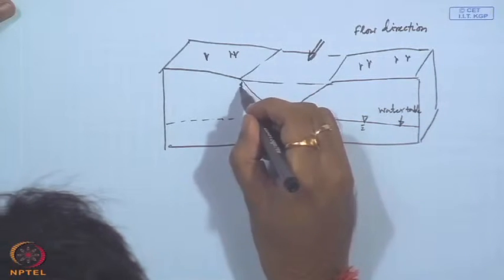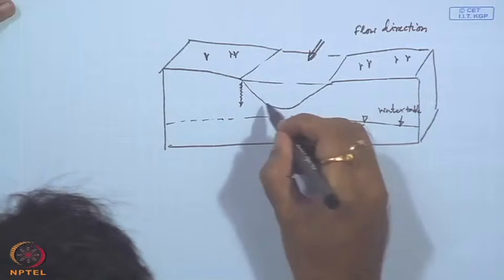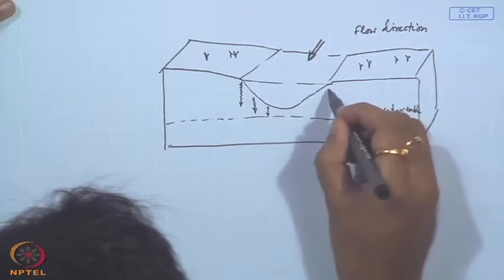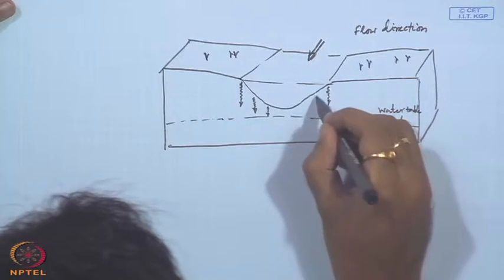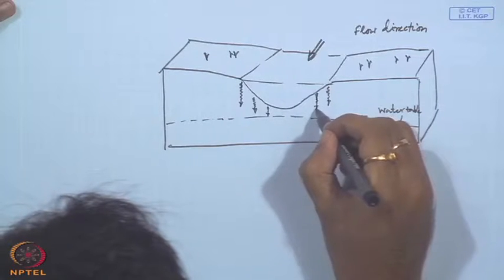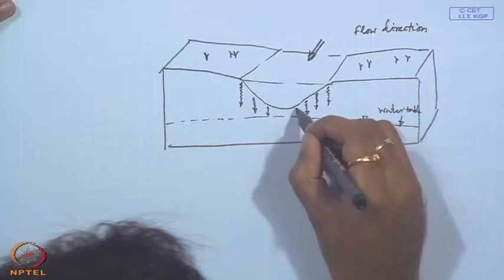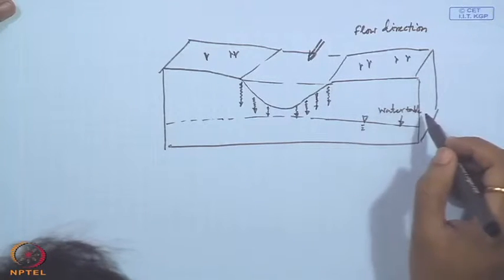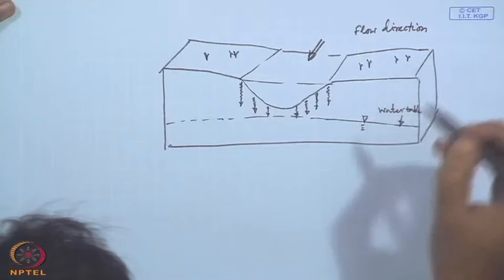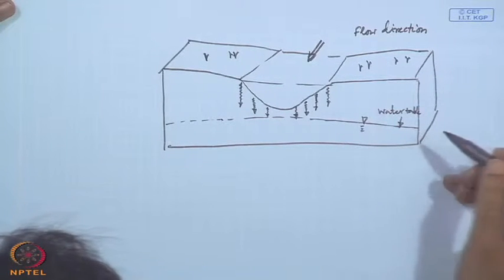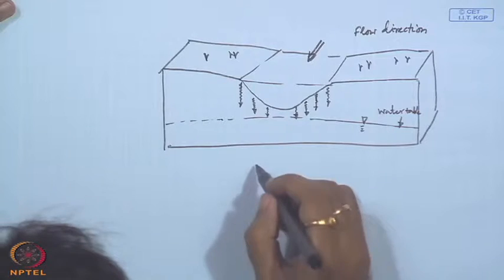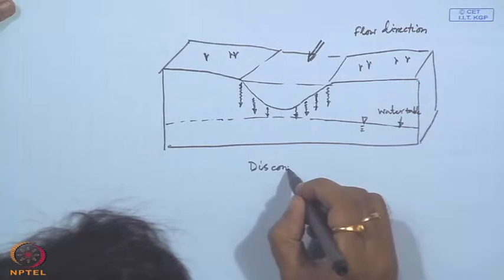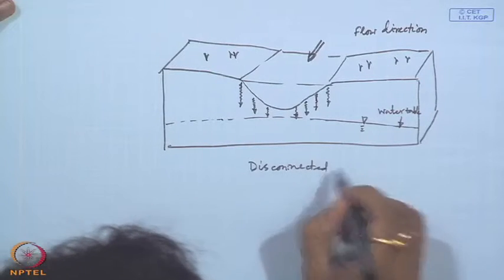So, there will be contribution of flow from our stream, and this kind of situation will be there due to excessive pumping in the aquifer region. So, this is basically a disconnected stream.